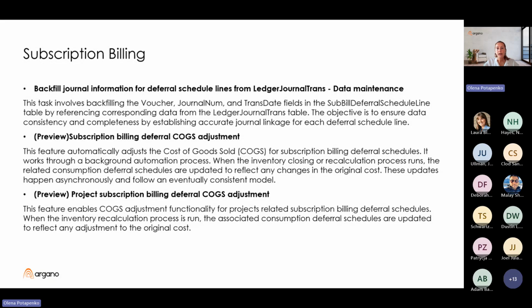When the inventory closing or recalculation process runs, the related consumption deferral schedules are updated to reflect any changes in the original cost. These updates happen asynchronously and follow an eventually consistent model. The same functionality is available for subscription billings related to projects.